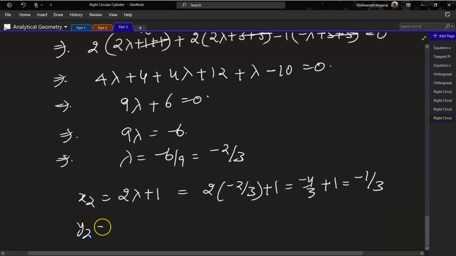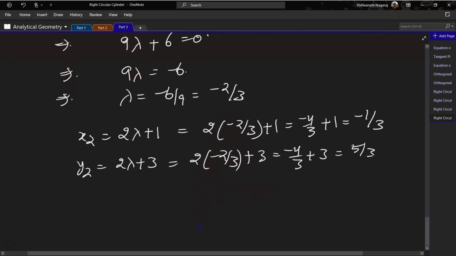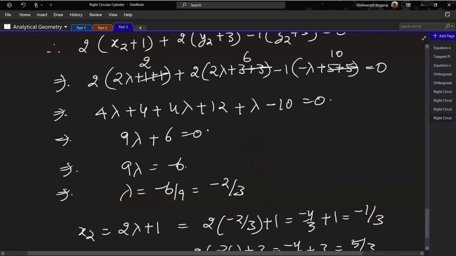Now y2 is equal to 2 lambda plus 3. So 2 times minus 2 by 3 plus 3, which is minus 4 by 3 plus 3, which is equal to 9 minus 4, that is 5 by 3. And similarly, we need to figure out z2. z2 is minus lambda plus 5. Am I right?